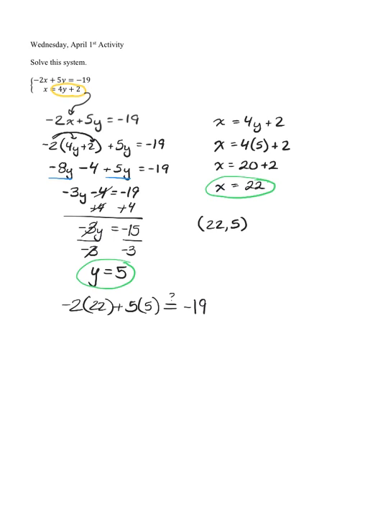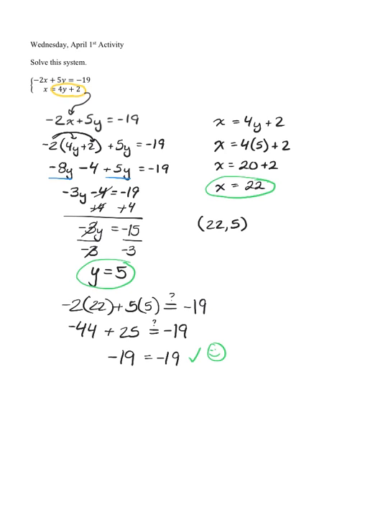Well, negative 2 times 22 is negative 44. 5 times 5 is 25. Negative 44 plus a positive 25 gives me a negative 19. And that does, in fact, equal negative 19. Yay!